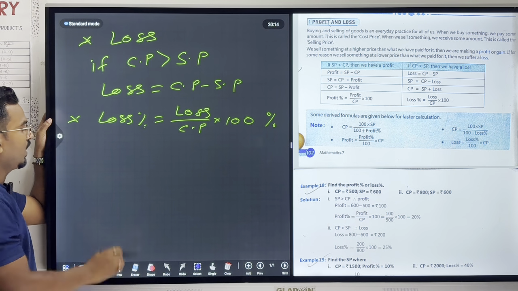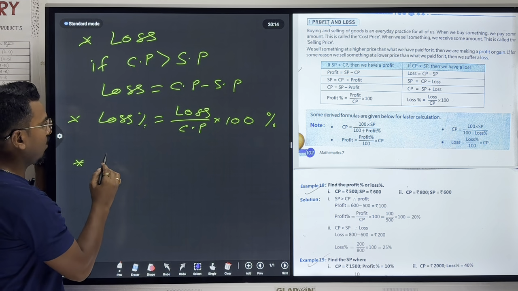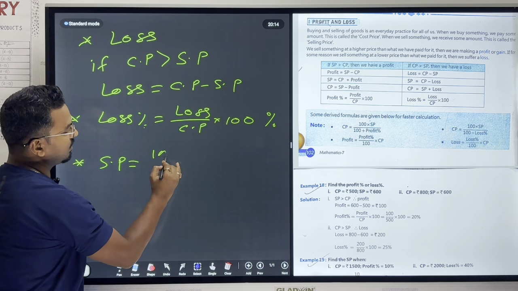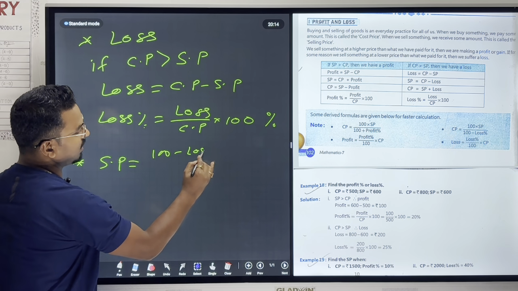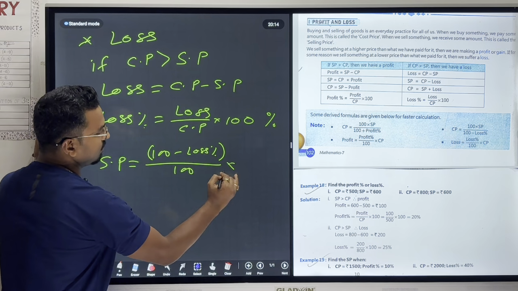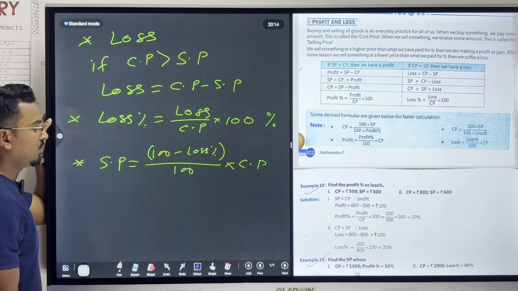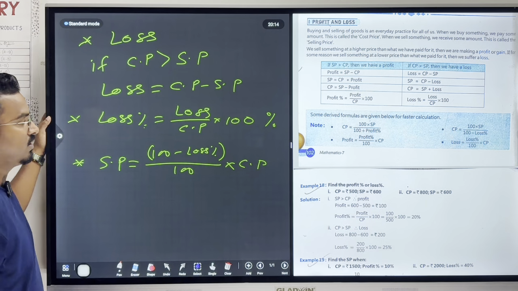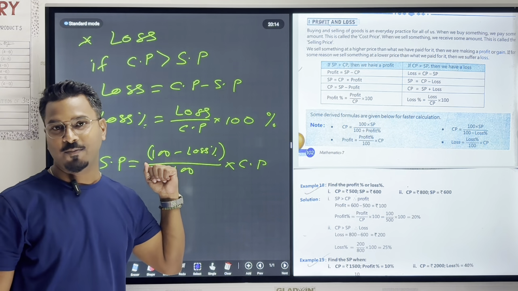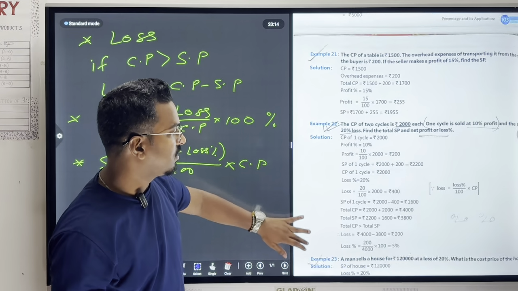And in this case, the formula for selling price is (100 minus loss percent) divided by 100 into CP. So you can find the selling price in case you have a loss in some item. Now we'll apply all these formulas in this exercise.